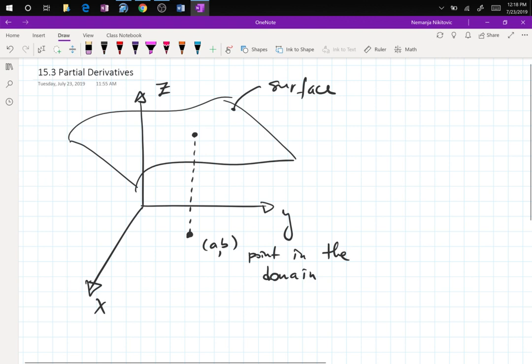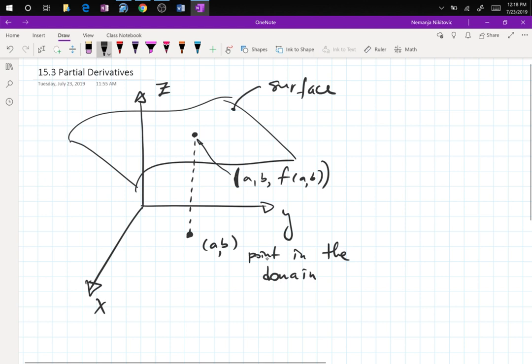So this point here, I'll point to it and I'll say this point is (a, b), and then f of (a, b), because you are calculating z by plugging in x, which is x equals a, plugging in y, which is y equals b, and you calculate z equals f of (a, b).